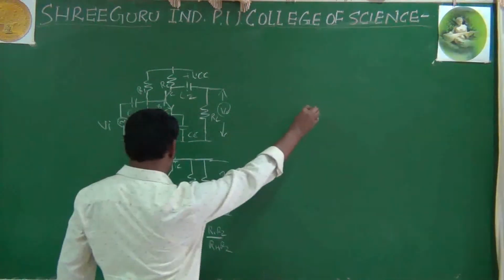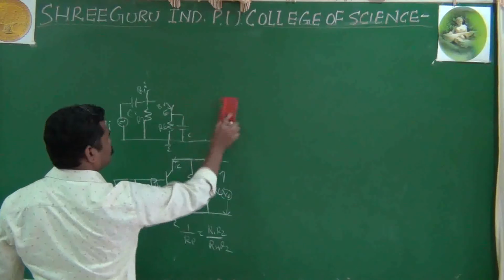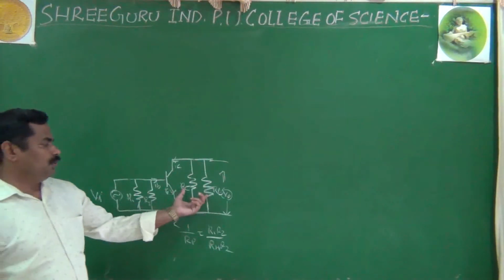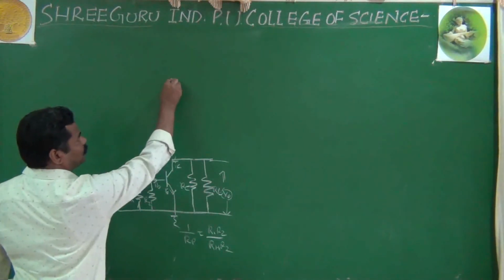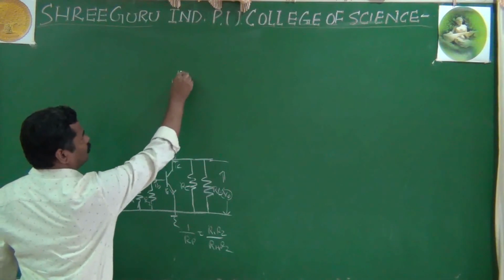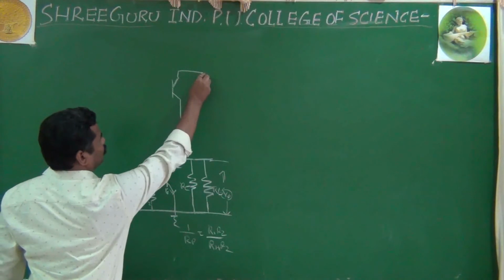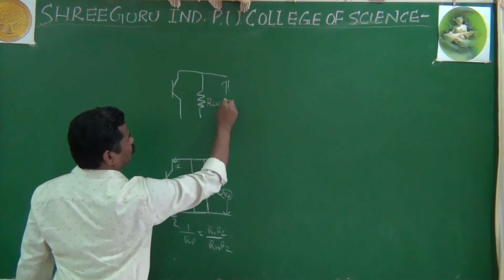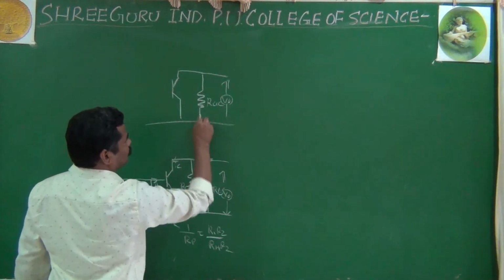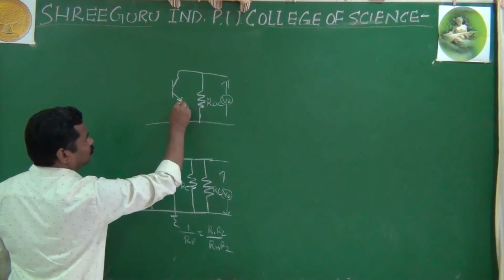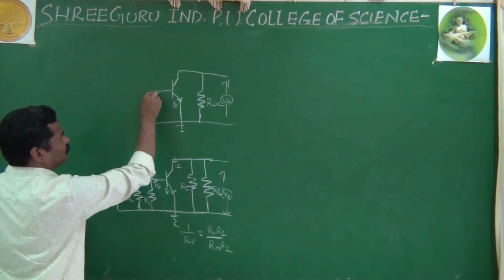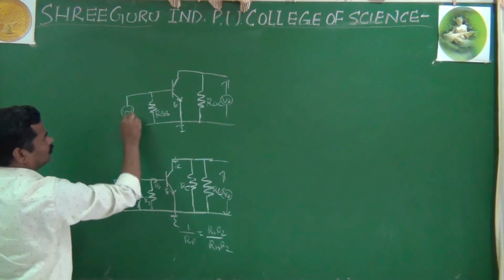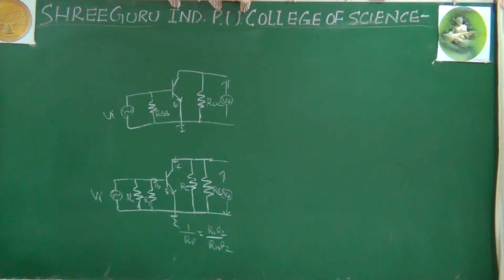Then try the equivalent circuit once again. You have to find the equivalent of R1 R2, and also the equivalent of RC and RL. Here you have only one resistance, that is nothing but RAC, for the output, and this is your emitter. For the input side, the equivalent resistance is RBB, and you apply the input VI here.